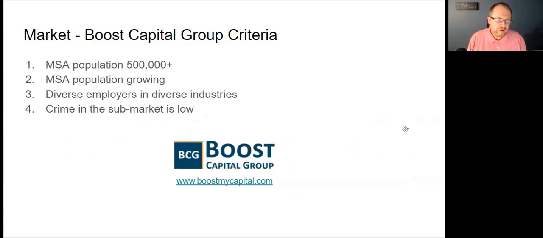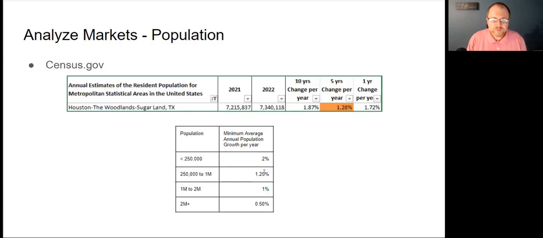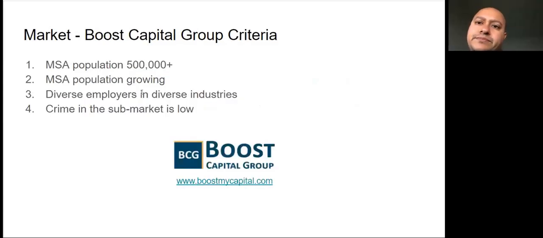Again, it depends on the size. If it's 500,000, it would be 1.25, and then the bigger the size, the less the year over year needs to be. Diverse employers, diverse industries, and we're also looking at lower crime in the submarket. Those are our 4 criteria.